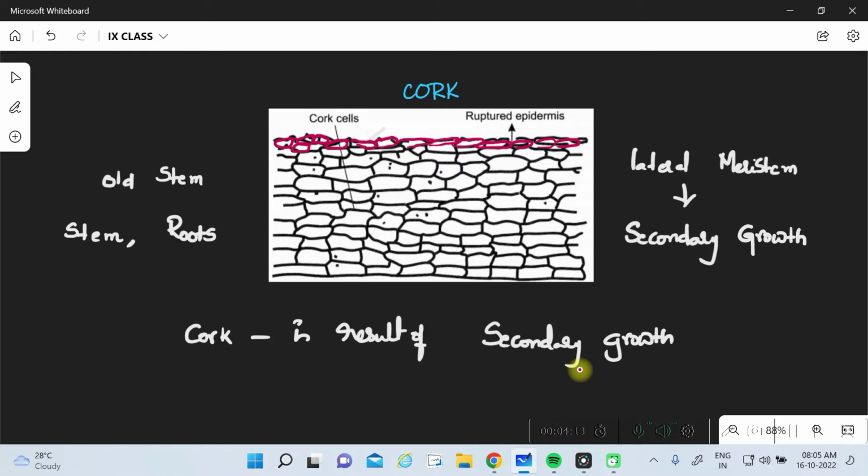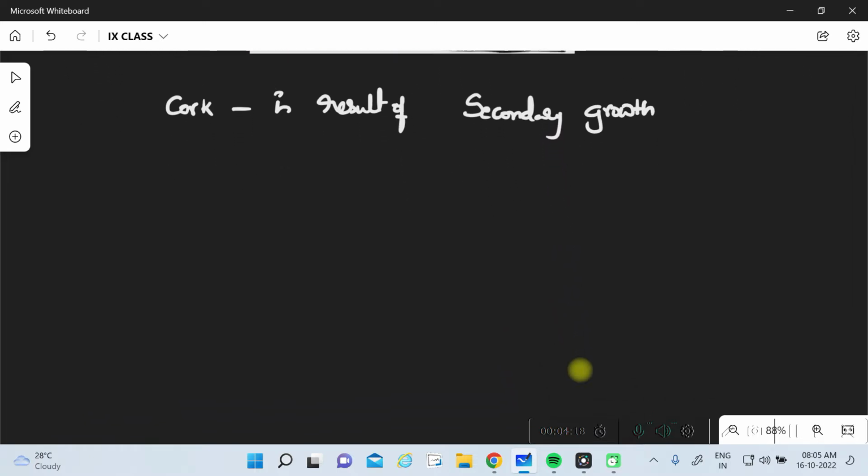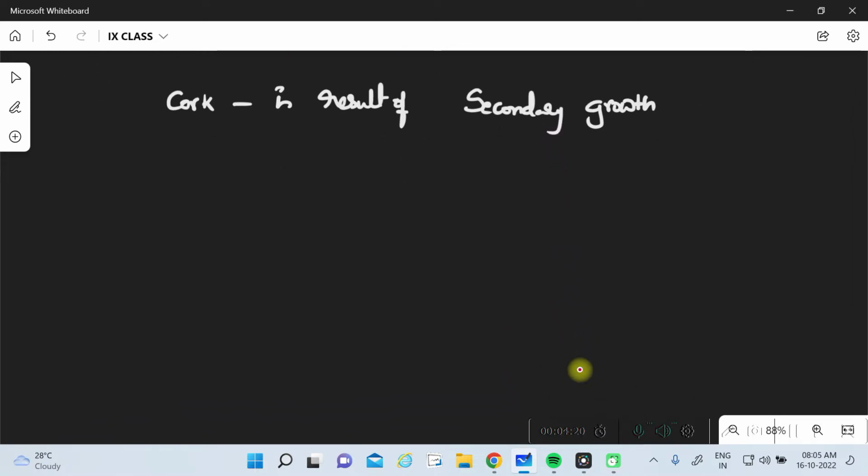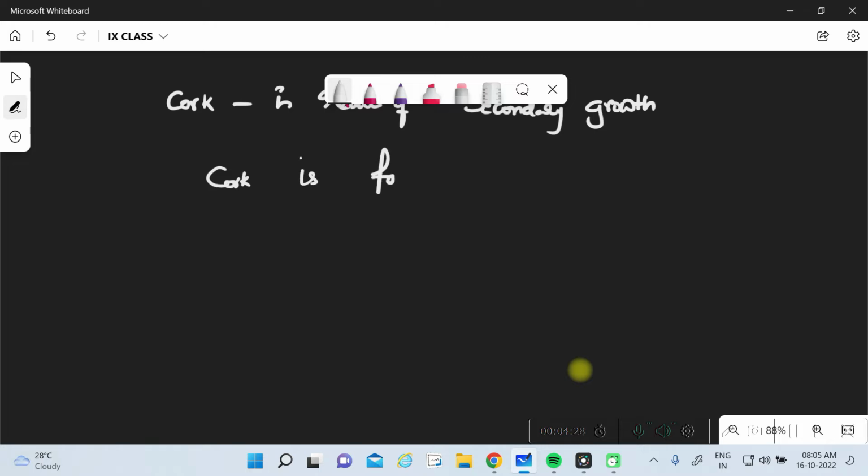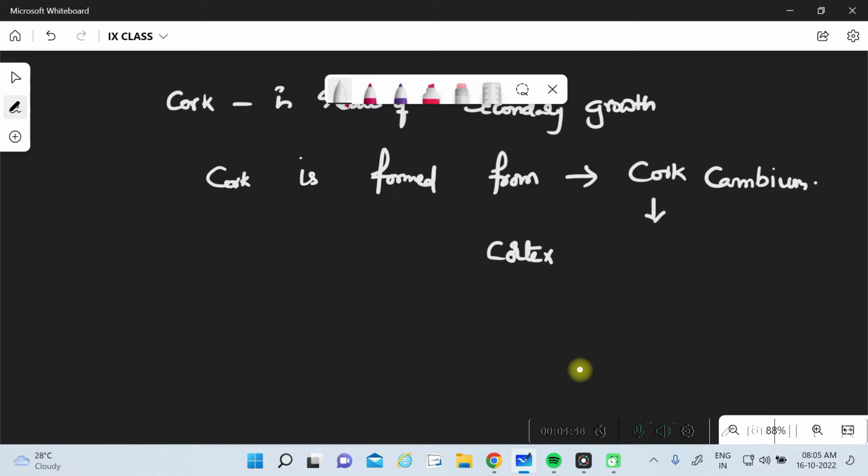Now how is this cork formed? Cork is generally formed from the cortex region. You can see cork is formed from a structure called cork cambium. This cork cambium is generally formed in the cortex of the stem and root.